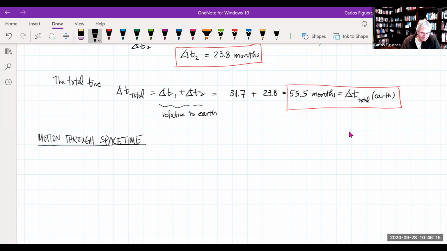Probably the easiest way in is an analogy first, before I start talking about this. The analogy is that I want you to think about vectors.